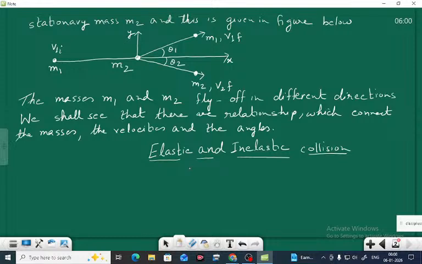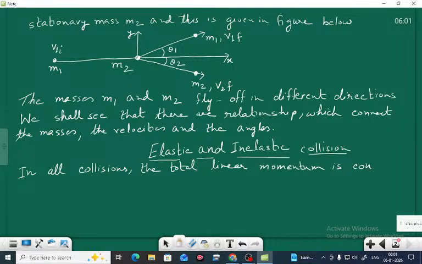In all collisions, the total linear momentum is conserved.